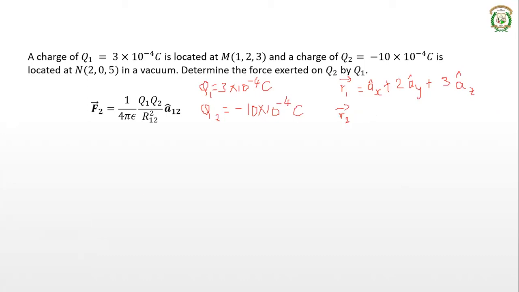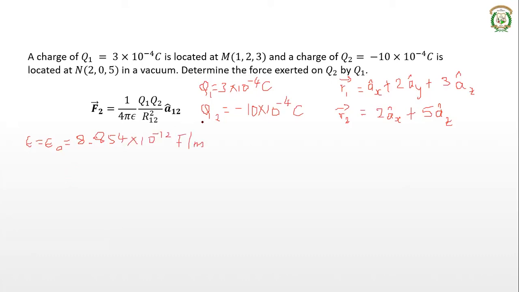R2 is 2AX, AY is 0, so you can just omit that. Then you have the AZ component, which is 5, 5 AZ. Also, it is given that the medium is vacuum. In vacuum, epsilon will be equal to epsilon naught. You can write this as 8.854 into 10 raised to minus 12 farads per meter.